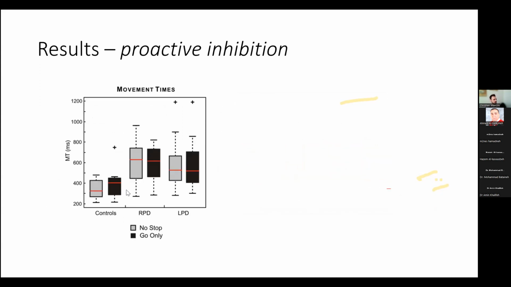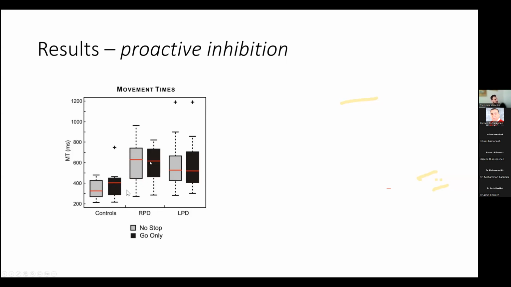And what about the proactive inhibition? Again, we look at the movement times, and the median is the red line that marks the fact that 50% of participants have a lower value and 50% have a greater value. As you can see, in controls, you have shorter movement times for the stop trials than the go-only trials, as expected.